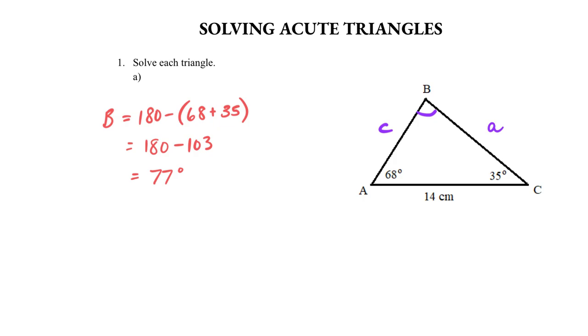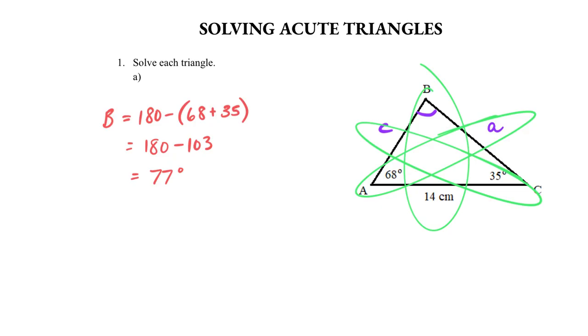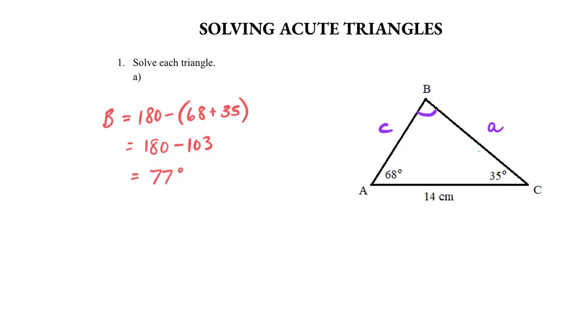But sine law requires an angle and a corresponding side, and you will notice that originally on my triangle, I do not have that. But now that I've solved for angle B, and I know that angle B is 77 degrees, now I do have my magic ratio.